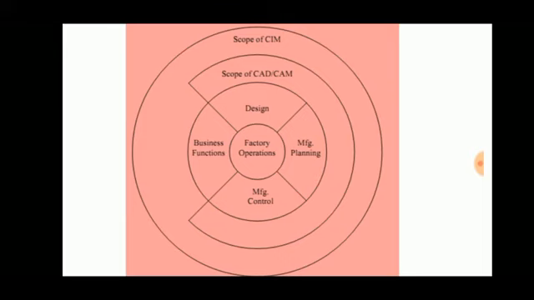The design, manufacturing planning and manufacturing control come under the scope of CAD and CAM, that is computer aided drafting as well as computer aided machining. And the business functions, design, manufacturing and manufacturing control come under the scope of CIM, that is computer integrated manufacturing.